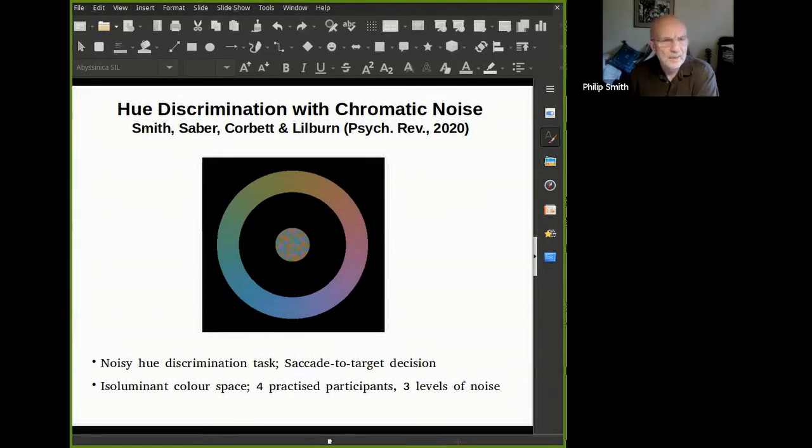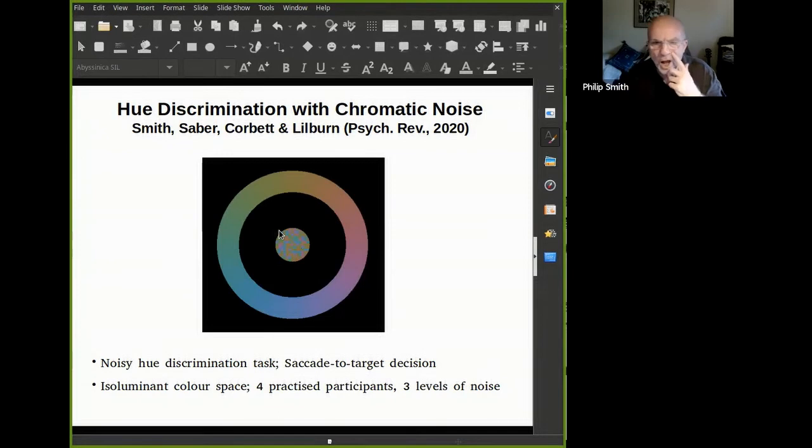So the task: we presented participants with a single centrally located color patch in an isoluminant color space, which was perturbed by various levels of chromatic noise. The participant's task was to determine the dominant hue of the patch, the underlying hue of the patch, and to make a saccadic eye movement to the corresponding point on the surrounding color wheel, in this instance, somewhere in the teals.